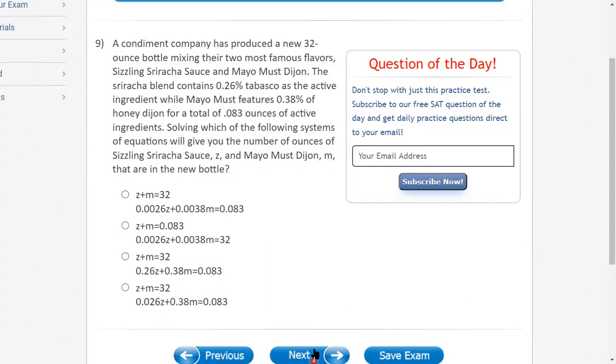The sriracha blend contains 0.26 Tabasco as the active ingredient, while the mayo must features 0.38% of the honey Dijon, for a total of 0.83 ounces of active ingredients. Solving which of the following systems of equations will give you the number of ounces of sizzling sriracha sauce and mayo must Dijon that are in the new bottle?